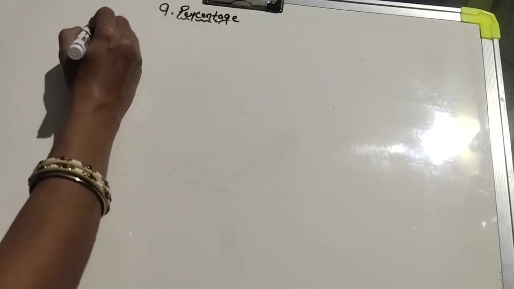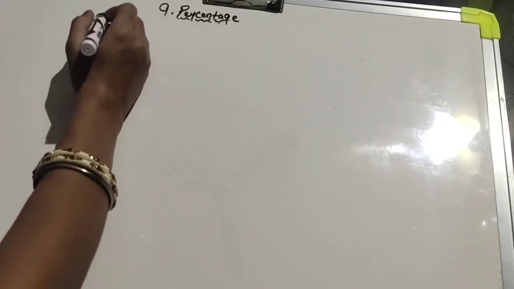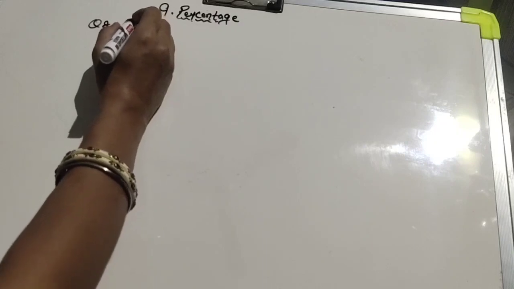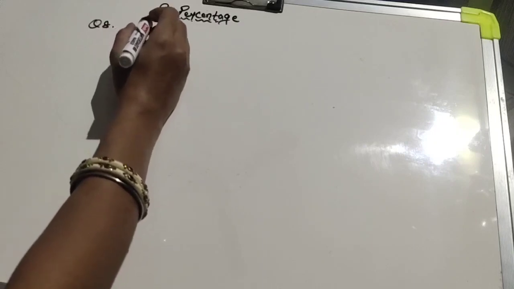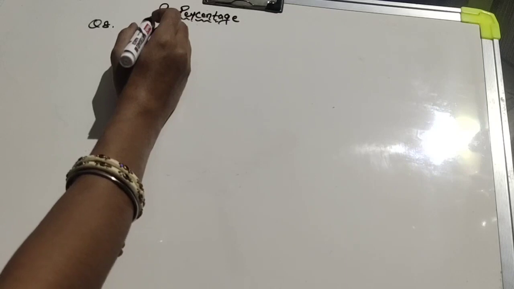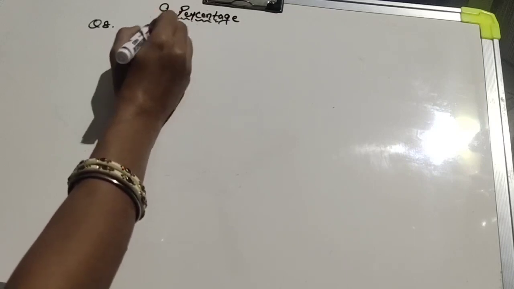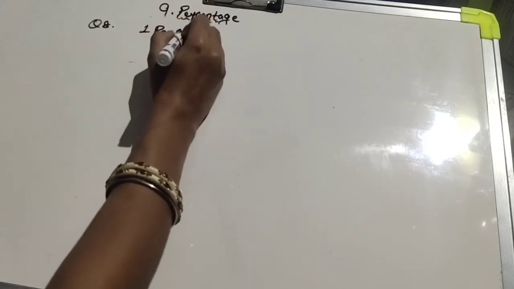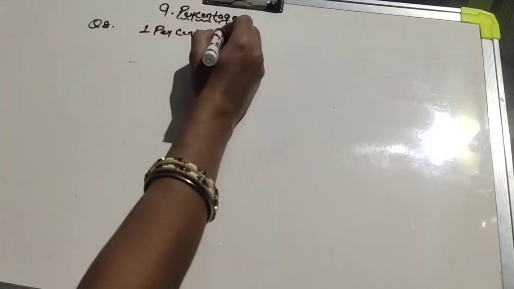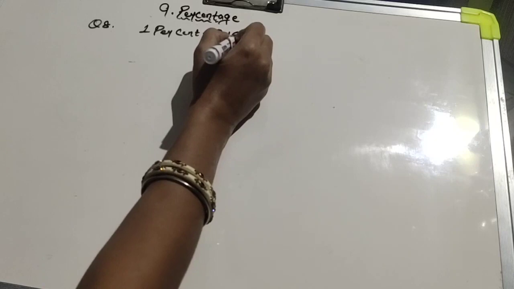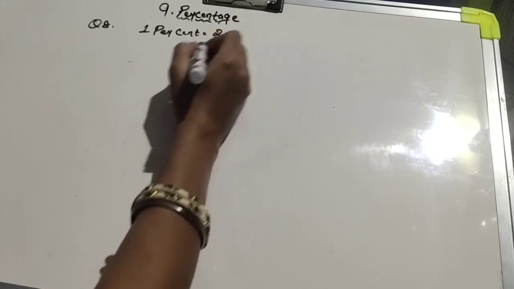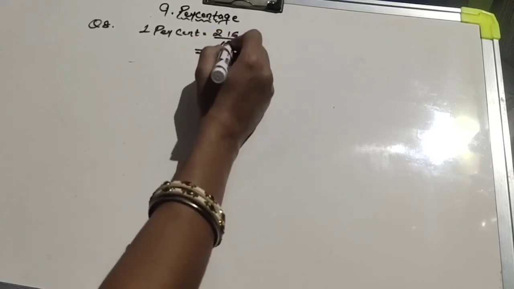Question number 8 is given: find the number if 12% of it is 216. What is the number? So first of all we will write the statement: 1% is equal to 216 by 12.